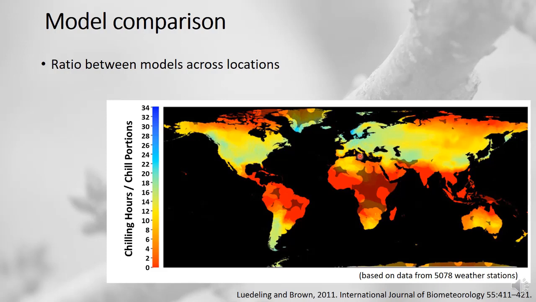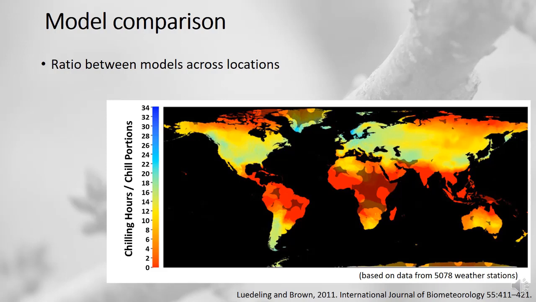So assuming that chilling hours are a bad model and chill portions are more correct, there's quite a few indications that that's the case. We can already infer here that if we use the wrong model, if we use chilling hours to estimate our chilling requirements, the information we get here for transferring cultivars, for example, from one place to another, or evaluating the requirements in different geographies, may be completely misleading.